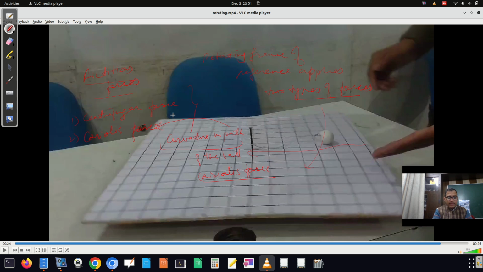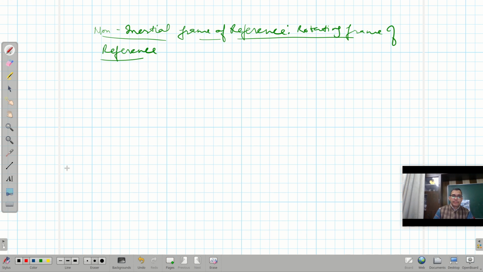Now let us try to do the mathematical derivation for this particular case. There are two frames of reference.